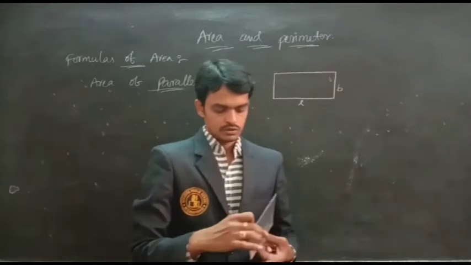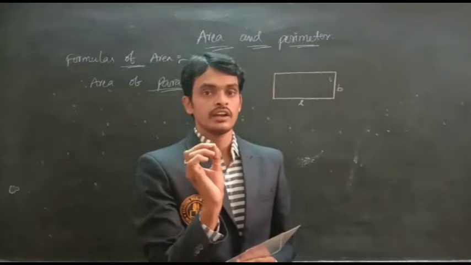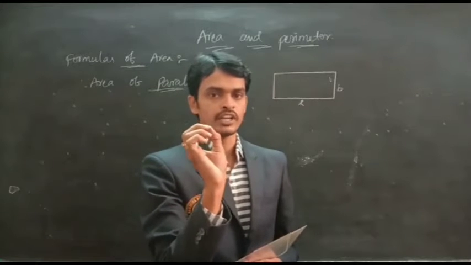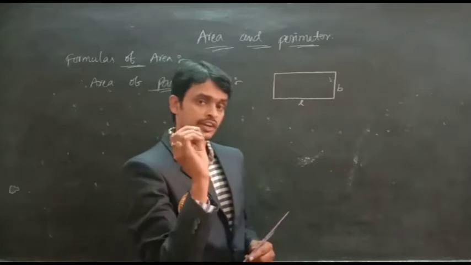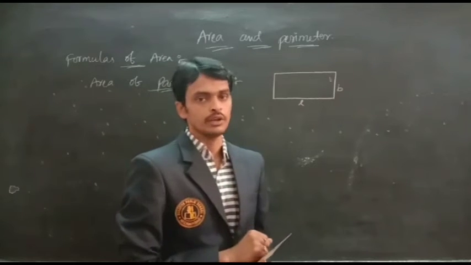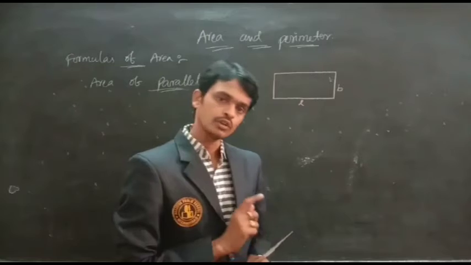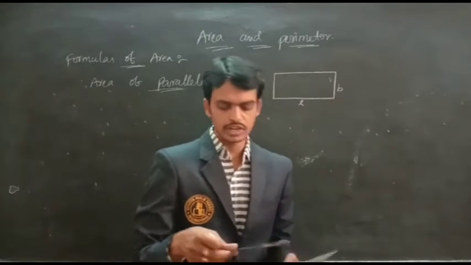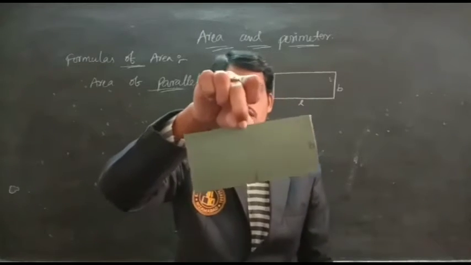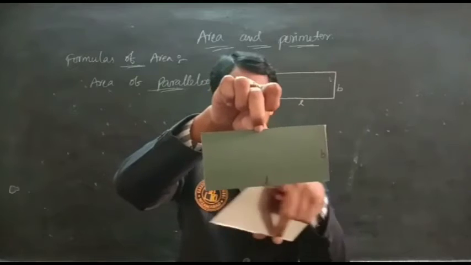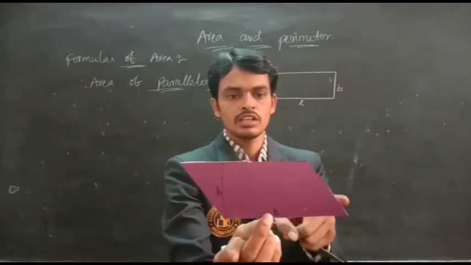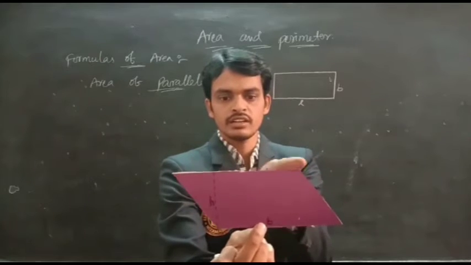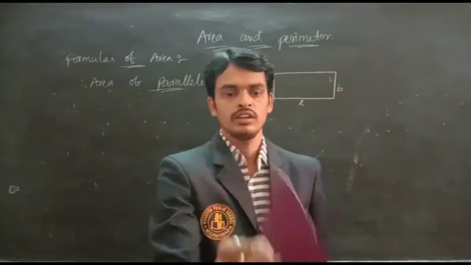Now here, property of rectangle and parallelogram. In rectangle opposite sides are equal. In parallelogram opposite sides are equal. See, look at this rectangle. Opposite sides are equal, and look at this parallelogram. These opposite sides are equal.